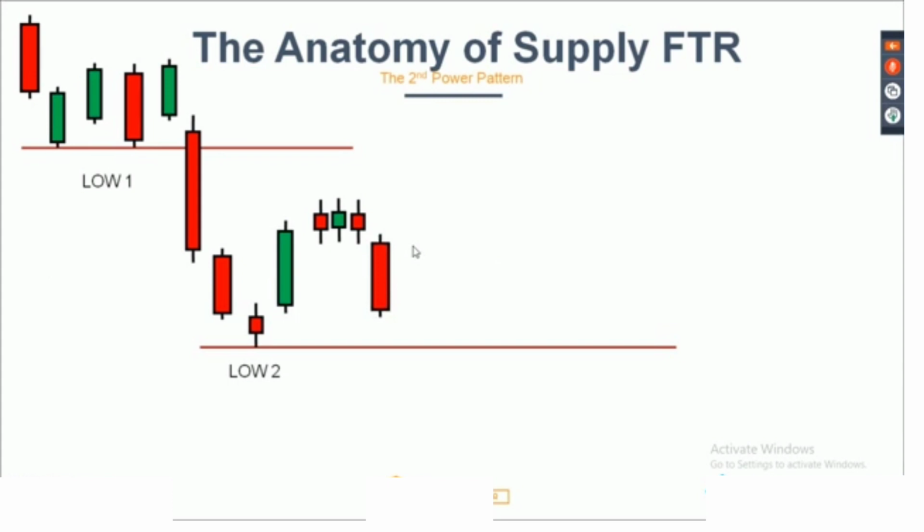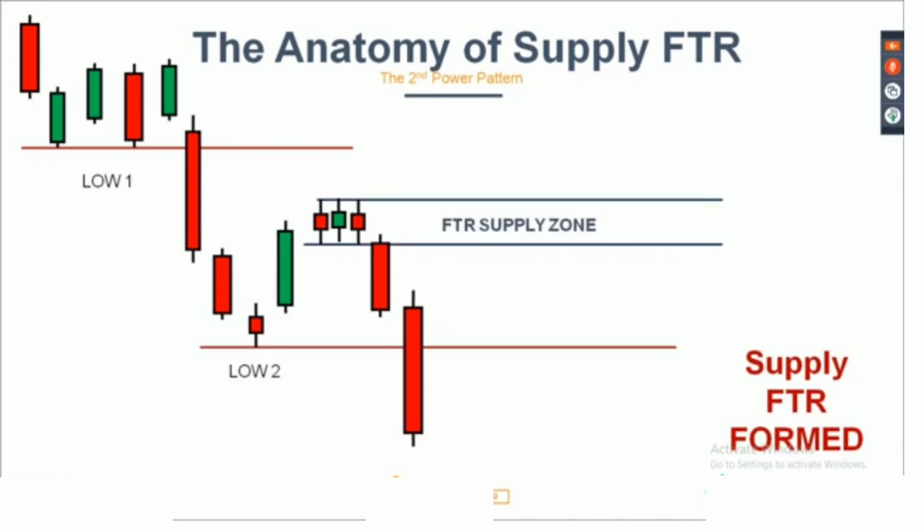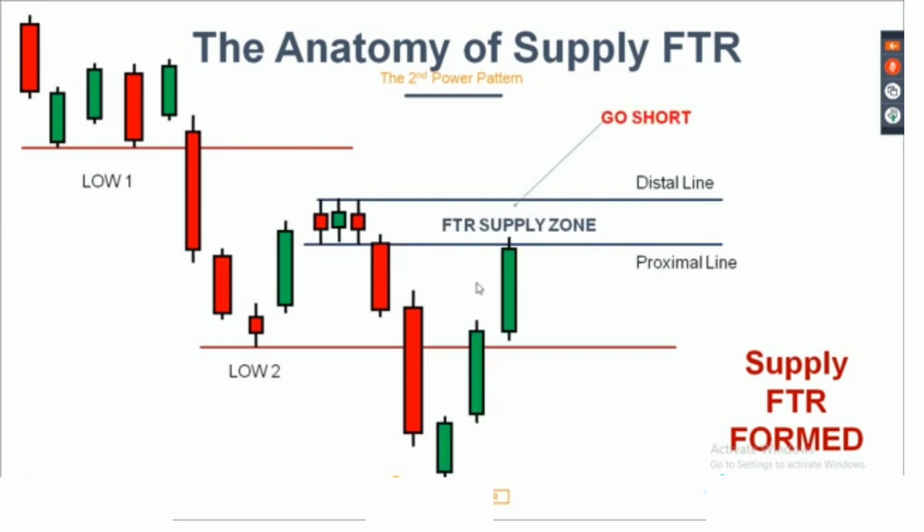Step number 5, low 2 is broken. It is at this level, after the 5 rules have passed, the supply FTR is formed. Okay, that's FTR supply zone, and when price comes back, I look forward for a short and it will react.